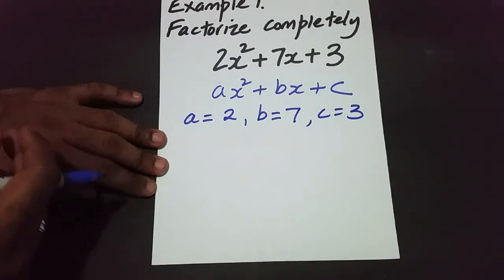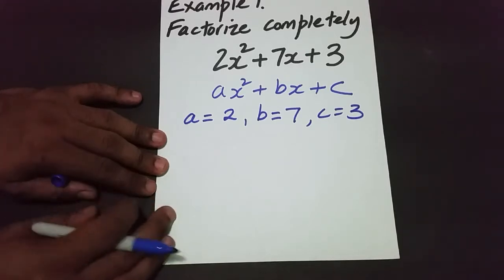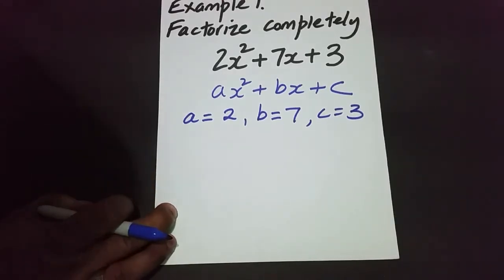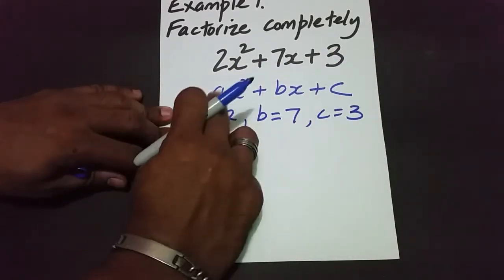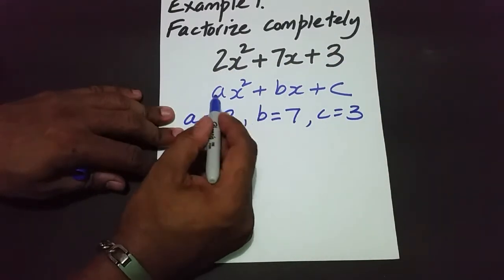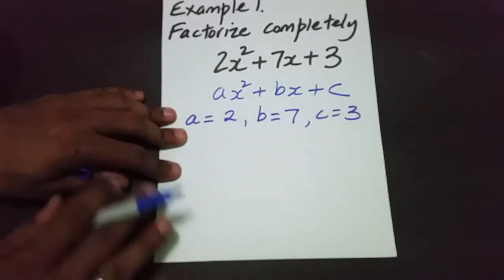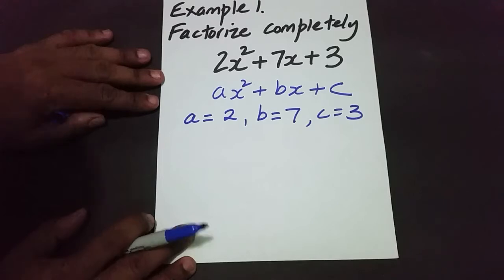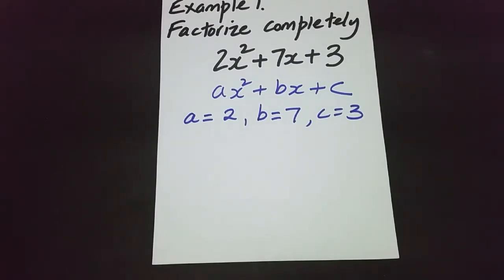The reason I've done that is because these values are going to come into play in the solution of this quadratic expression. So again, the first thing we need to do is check to see if the specific quadratic expression is in the general form, because we need to be able to correctly identify the values of a, b, and c, and we've done that. Now we need to proceed with the solution to the question.